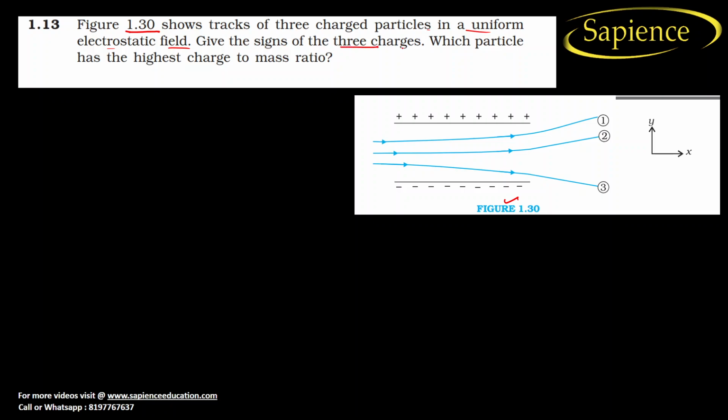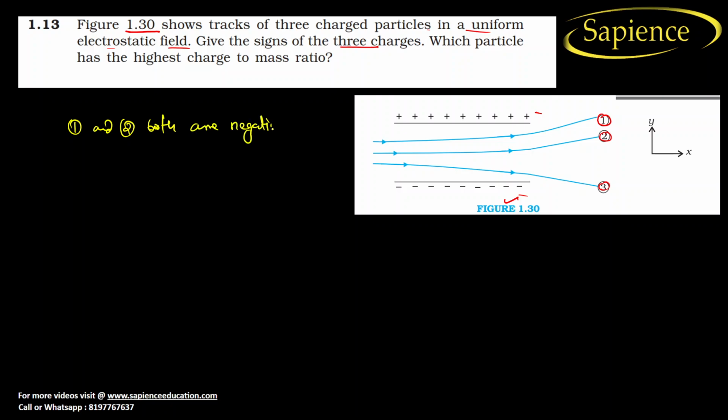Give the sign of the three charges. So let us suppose there are charges 1, 2 and 3. Now if this is the positive charge and this is the negative charge, definitely both 1 and 2 will be negative because they have been attracted by the positive charge.